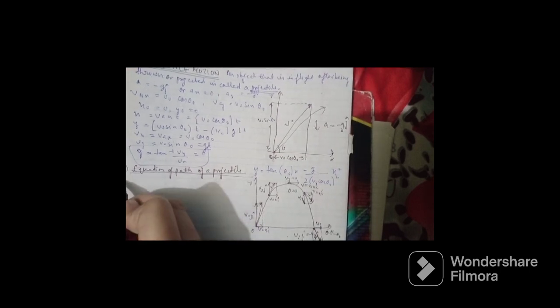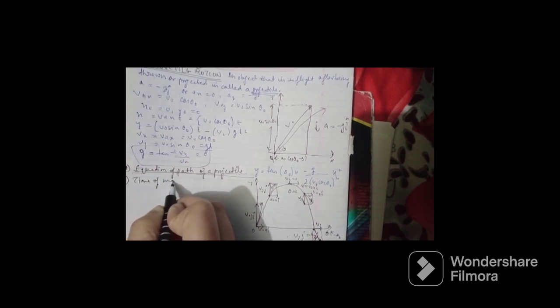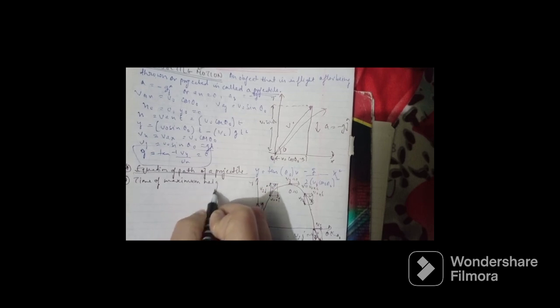Now in the same way we'll discuss another topic, which is the time of maximum height, and we go for it. In terms of time of maximum height, how much time does the projectile take to reach the maximum height?